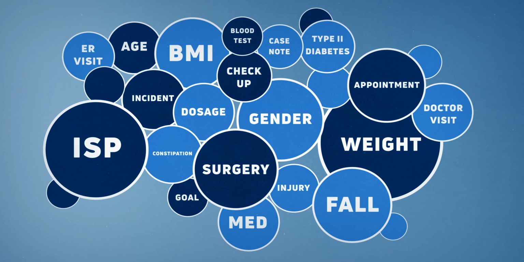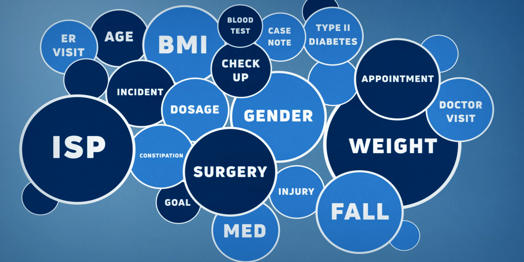The question is, how do we filter through all this information to find out what is important to that person's health and safety? This is where our attention should be placed. By answering the yes or no question for each of the rating items, the HRST begins to organize and align all that information.